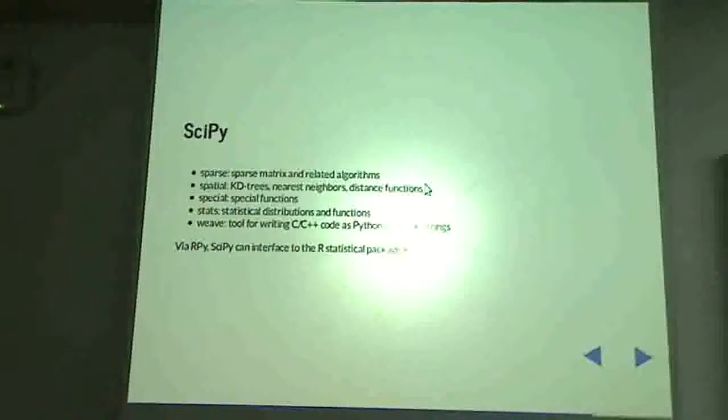I will again cover that a little bit in one of the later classes when we talk about integrating Fortran and C programs with Python. Okay. And there is also scipy.stats, which has all kinds of statistical distributions and functions and tests and so on.